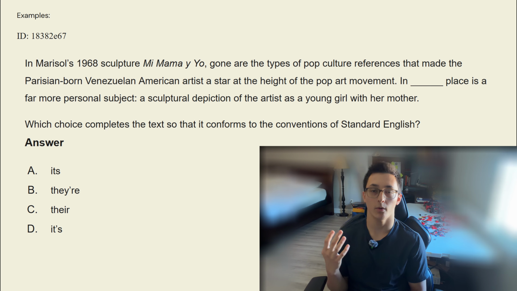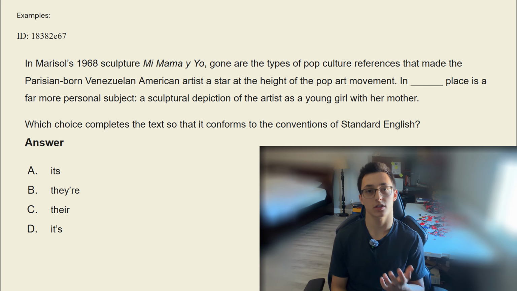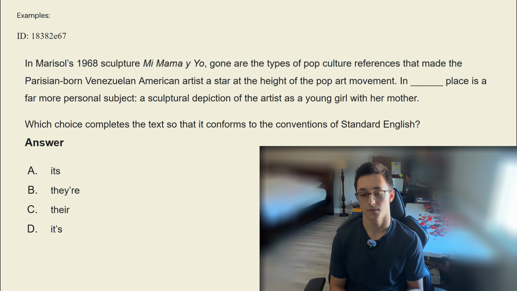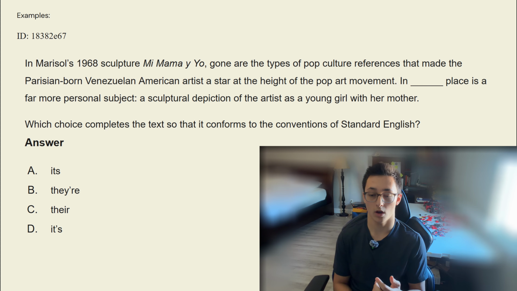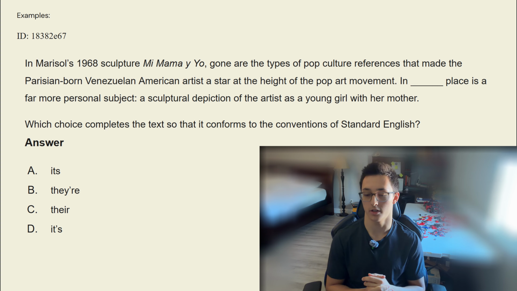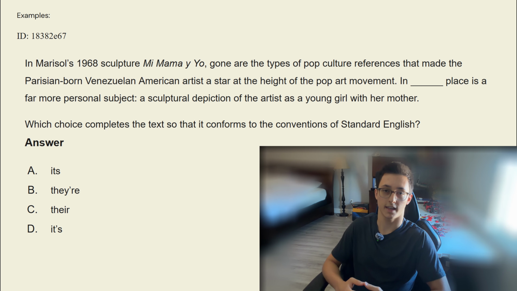Once you identify that, we know that's plural, so it has to be there because we just talked about last time that its is singular and there is plural. So we know it's there, but is it one with an apostrophe or without? Well, there's no possession here, so you can immediately eliminate B, and the correct answer is C.